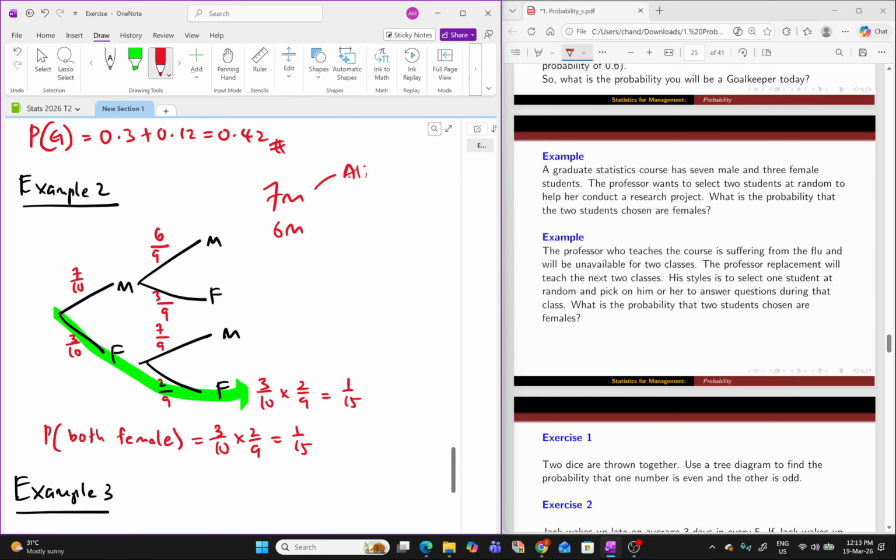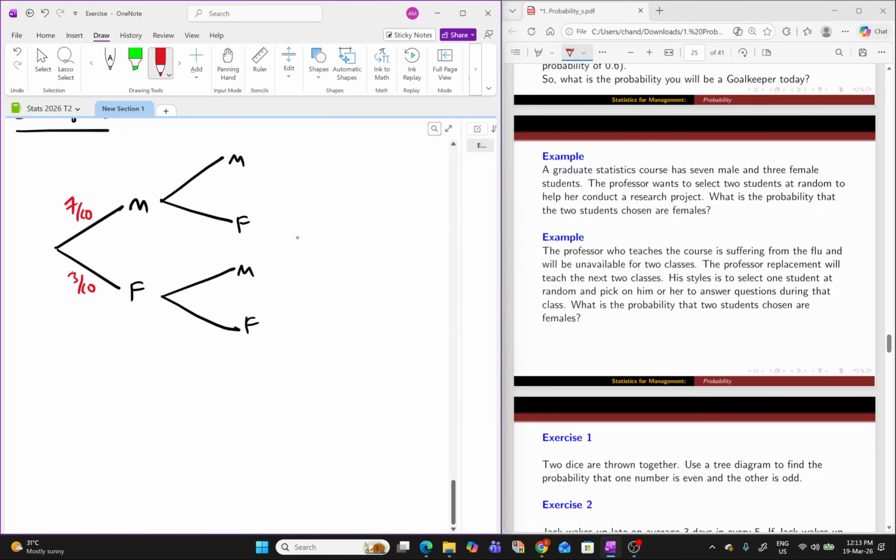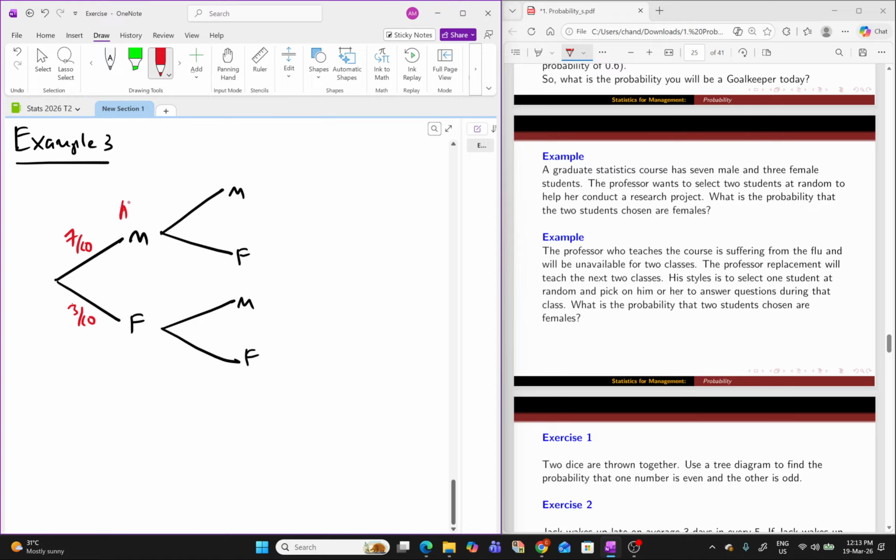So Ali cannot be the second person, because it must be two different persons. But here, first class, let's say Ali answers, and the next day there's another class, Ali also can answer. So the two persons can be the same here. So no need to reduce. This is 7 over 10, this is 3 over 10, this is 7 over 10, this is 3 over 10.